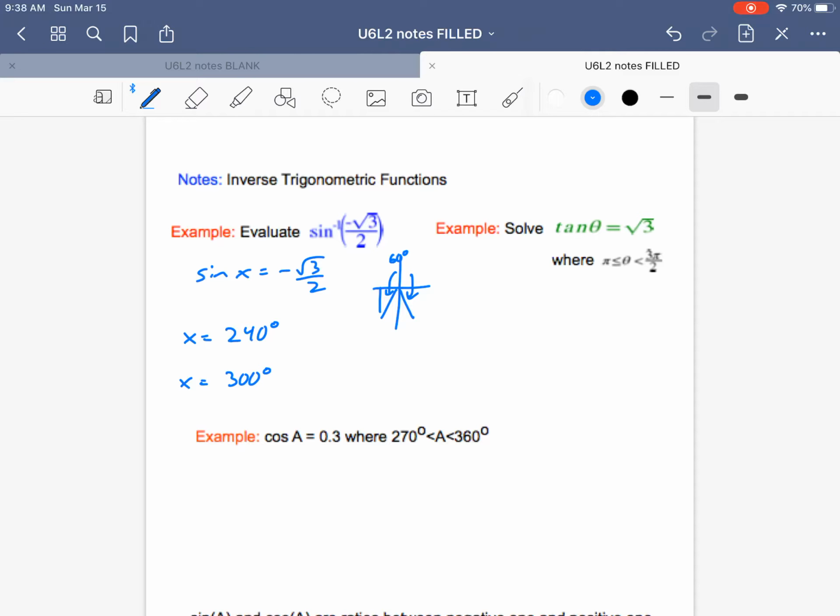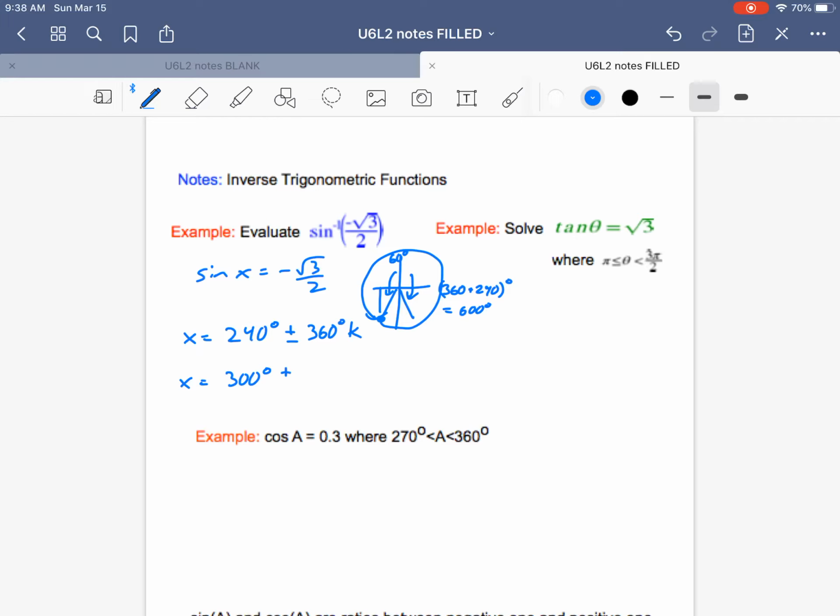So what I'm going to do to both of these is add or subtract some multiple of 360. So in other words, if I'm at 240 and I spin around a second time, that's 360 plus 240 degrees, which is 600 degrees. And the sine of 600 is also negative root 3 over 2.